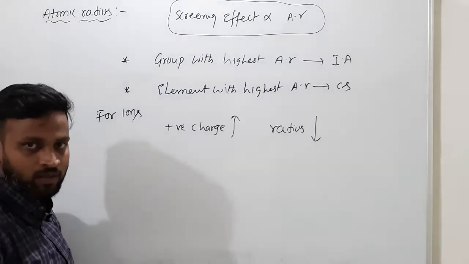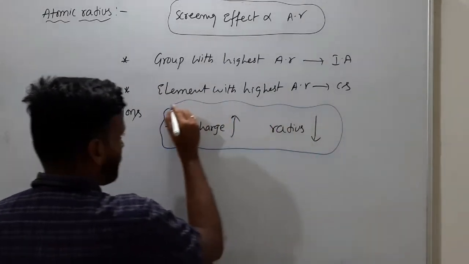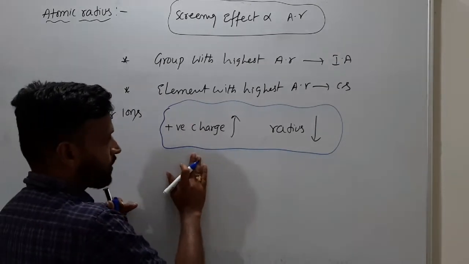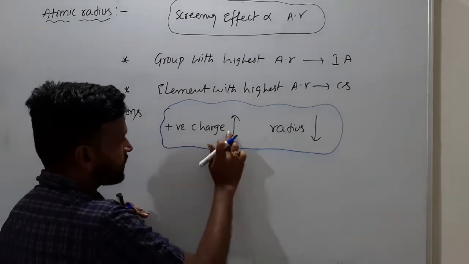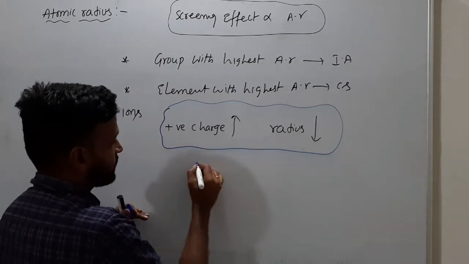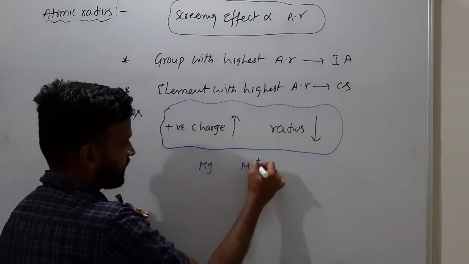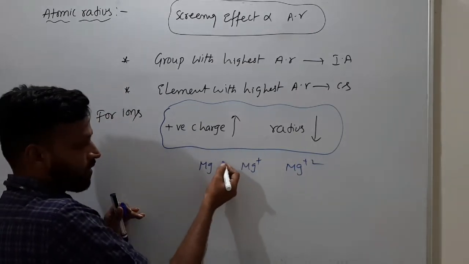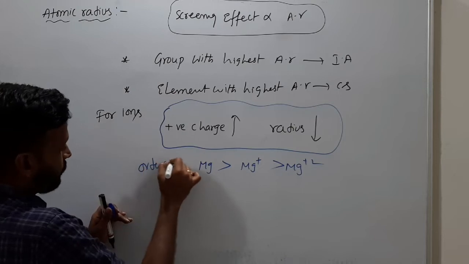For this I was given an example also, because next we are entering ionization potential, where charge is also required, so it is very important. Suppose Mg, Mg plus, and Mg2 plus are there. Which has more radius? Mg. This is the order of radius.